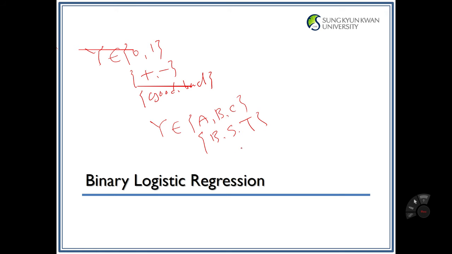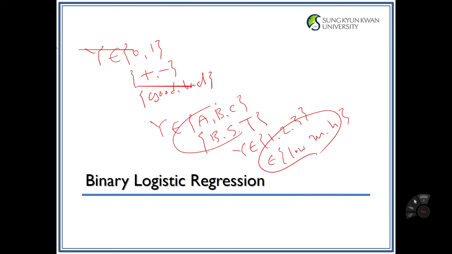In the ordinal case, y takes more than two values, but in this case, there is a meaning of order. So it's like 1, 2, 3, or low, medium, high, something like this. So this is the case of ordinal, this is the case of nominal, and this is the case of binary.